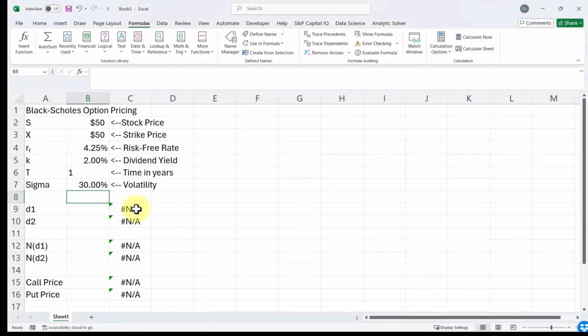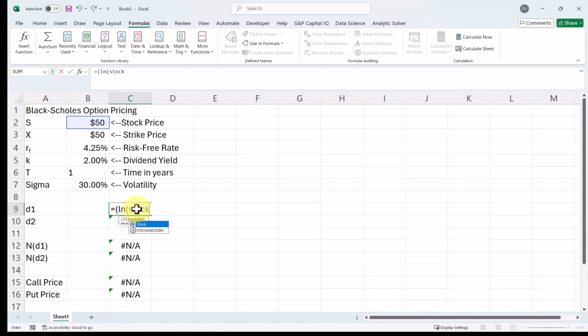So we're going to start here with D1, and this is equals to, and then in open parentheses we want to put in the natural log, open parentheses. And the nice thing here is that we did name everything, so it makes life a little bit easier here.